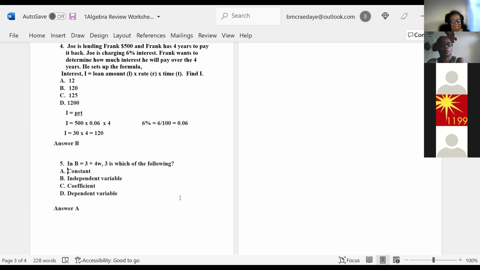Miss Barbara, number 4, how did you get I equals 500 times 0.06 times 4, equals 120? How do I get what? 500, I, which is interest, 500 times 30. I know if I multiply, she divided the 6% by the 500 and got 30. How did I get the 0.06?